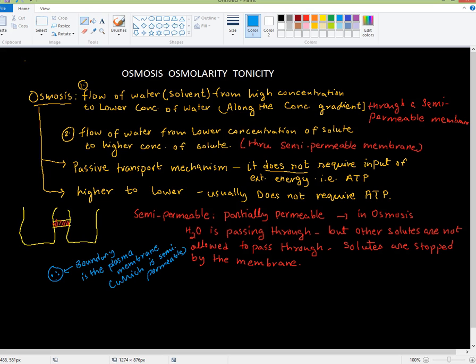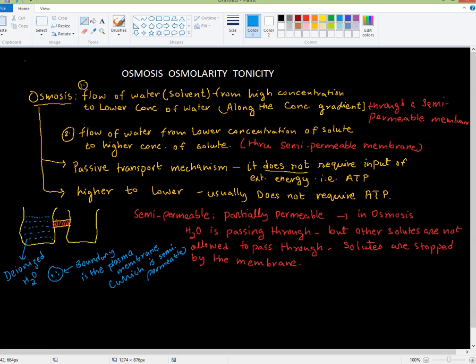So now let's talk about it, okay. Say this beaker or container number 1 has pure water, that means it has deionized H2O.